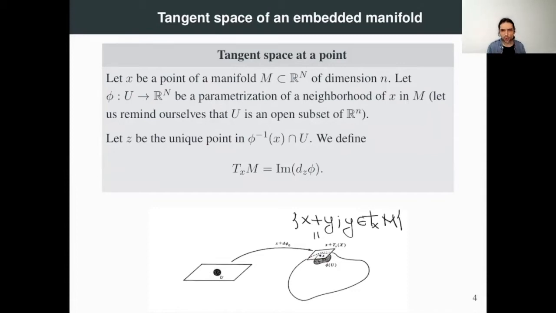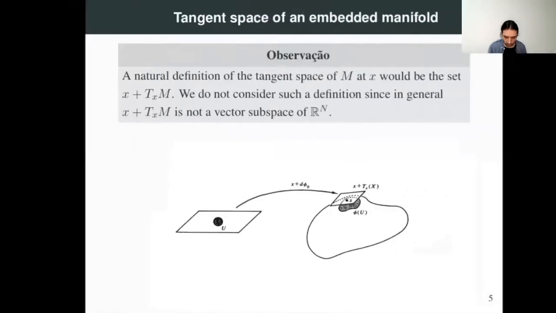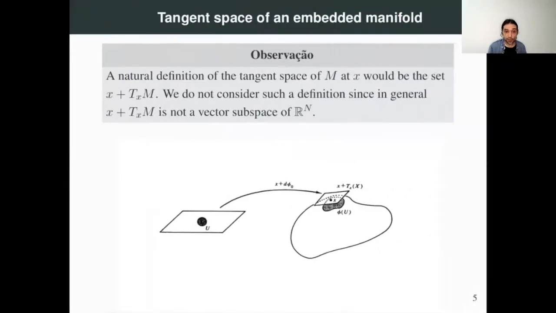And why do we do that? Because in general, the tangent space, in the embedded situation, is a linear subspace that does not contain the point x.